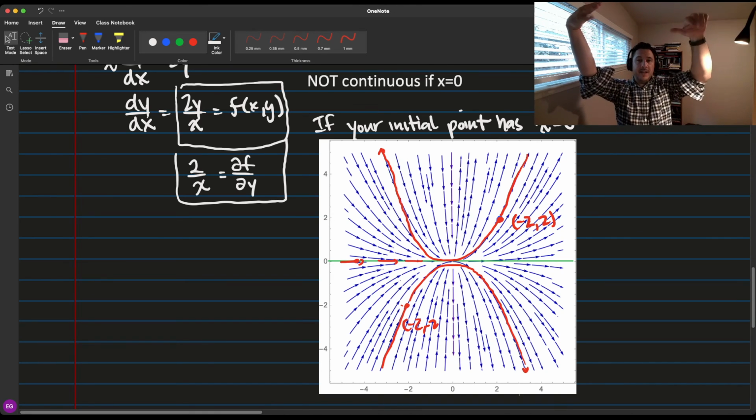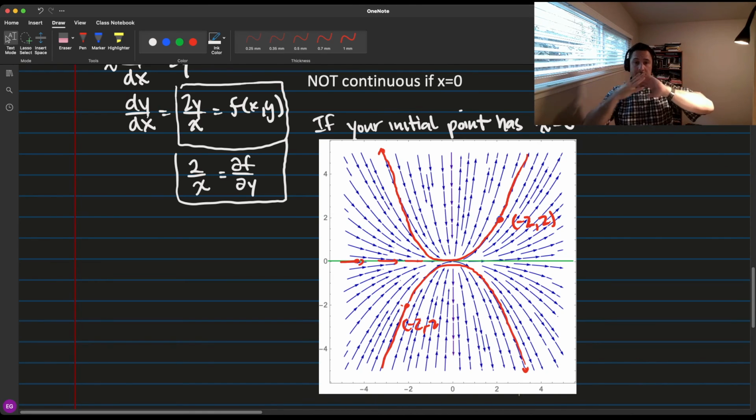If you start off with x not equal to 0, y not equal to 0, you can see that you get these sort of parabolas.